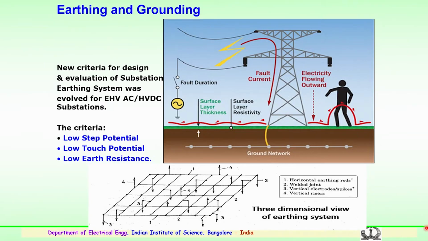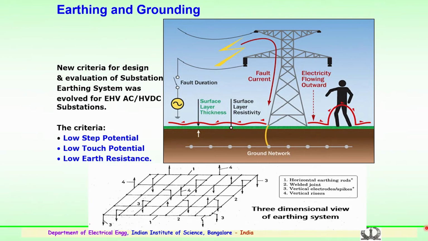Earthing and grounding are very important in the substation. This could be because of the potential rise, because of several aspects. So, a proper design of the grounding or earthing system in EHV, that is extra high voltage AC or HVDC substations, is essential for safety and proper equipment protection.